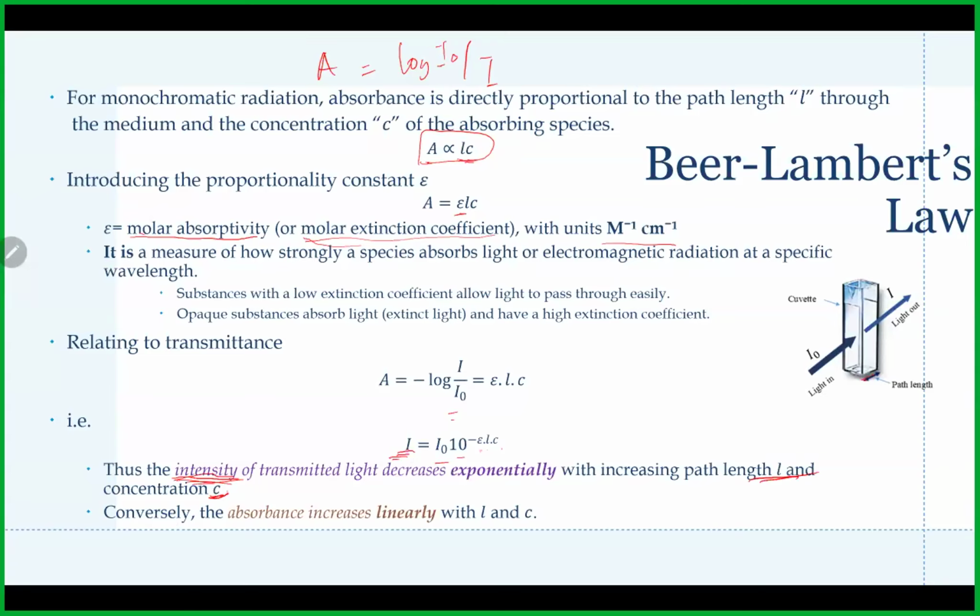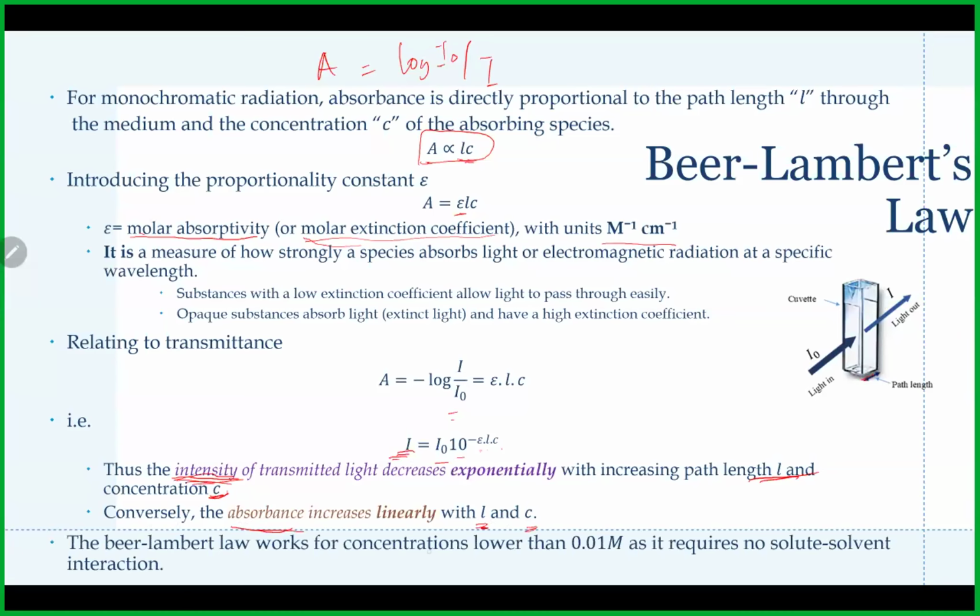Conversely, if you are studying absorption, the absorbance increases linearly with L, the path length, and the concentration. So that's it about absorption and the experimental consideration of concentration and path length. I will share worked examples with you on both concepts that we have looked at.